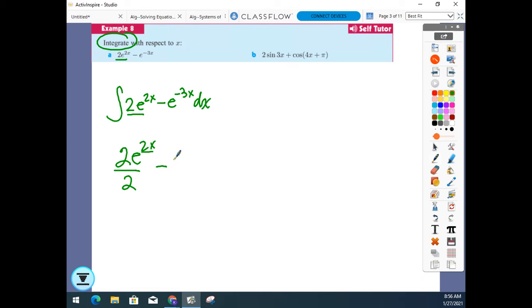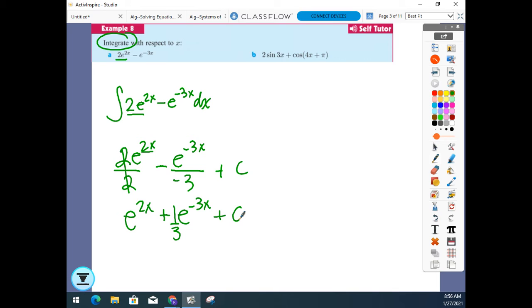Minus e is just e, just bring the whole thing down. Divide out the derivative of the exponent, which is negative 3. Then we just simplify. The 2's cancel. This negative and this negative make it plus. And you could write it as 1/3. A lot of the times that's what you'll see mathematicians do. I'd be okay just leaving it all over 3.